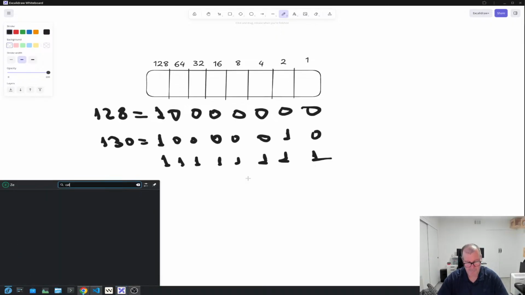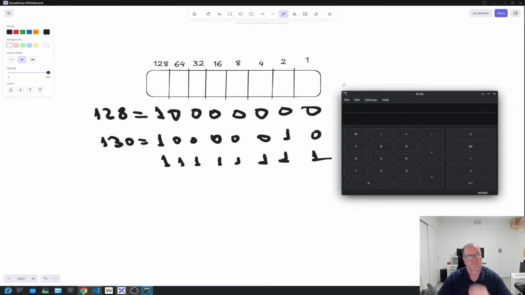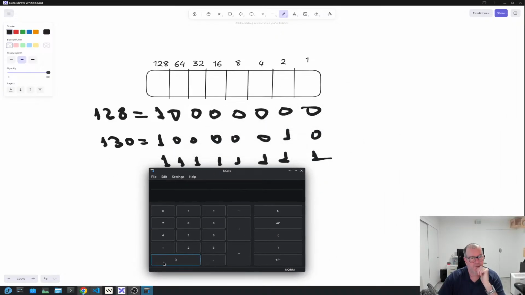And if you use a calculator, it will be 128 plus 64 plus 32 plus 16 plus 8 plus 4 plus 2 plus 1. 255. In total, we can represent 256 numbers because there is the 0. 0 up to 255, we have 256 values.